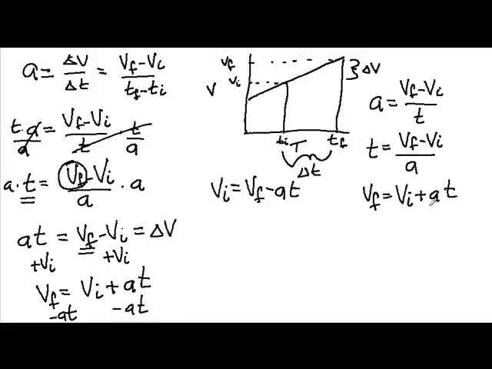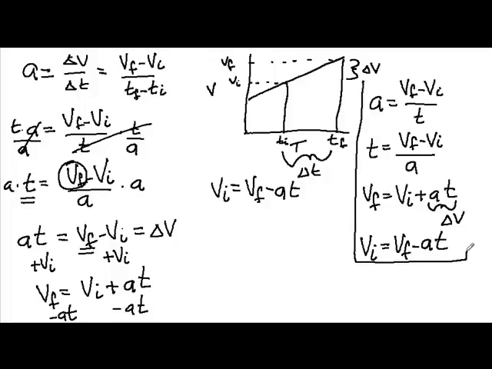Remember, this value here is our change of velocity. So that makes sense, that my initial velocity plus my change of velocity is equal to my final velocity. And the one last one we can take a look at, my initial velocity is equal to my final velocity minus that change of velocity, or minus acceleration times time. And because all these are so helpful, I'm going to go ahead and box all these. You'll probably want to put these in your notes.